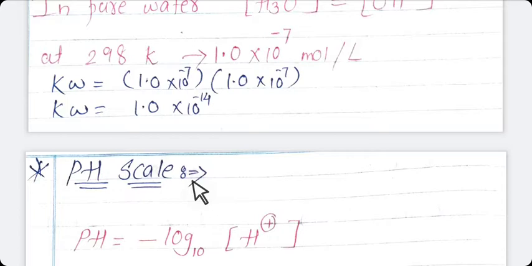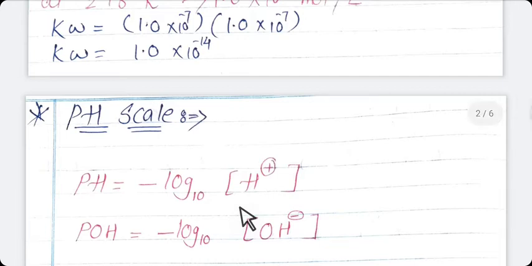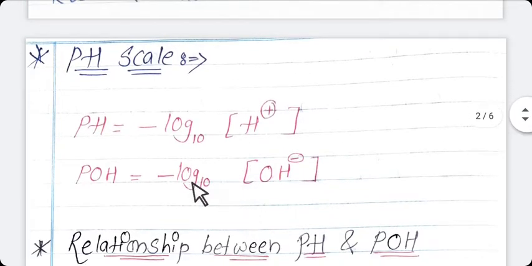Mathematically we can write it as pH is equal to minus log to the base 10 concentration of H plus ion. Similarly here we can write the formula of pOH. Negative logarithm means minus log to the base 10 concentration of OH minus ion.